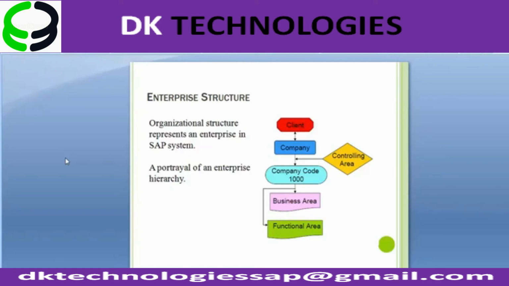So what will be your company, what will be the business areas, what will be the client, and all those things. You need to have an organizational structure: there will be a group company, then how many companies the group will have, and then within that, what the different functional areas and business areas are. We'll be discussing all these things one by one.